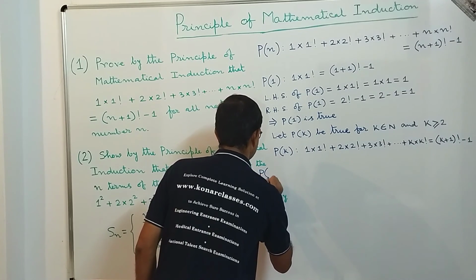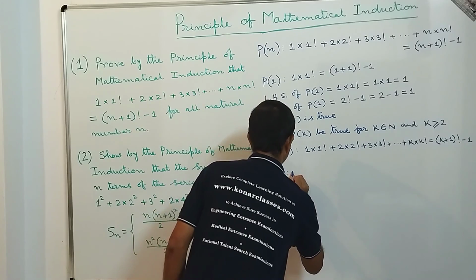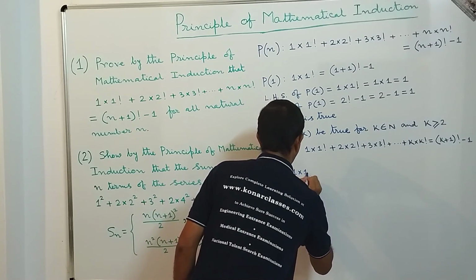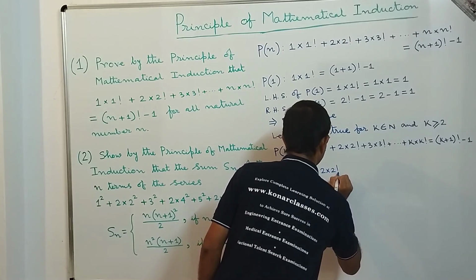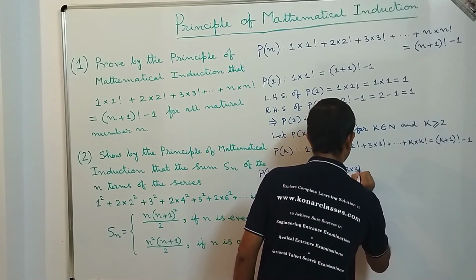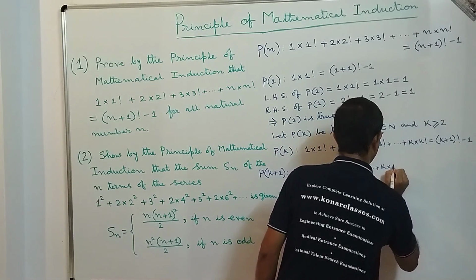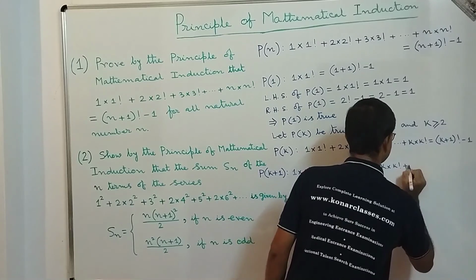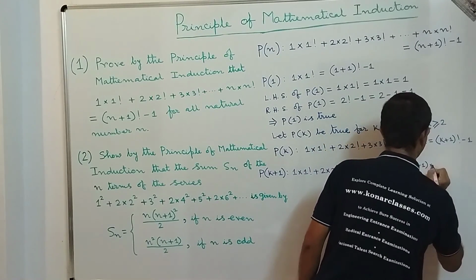Pk plus 1 stands for this mathematical statement: 1 into 1 factorial plus 2 into 2 factorial plus 3 into 3 factorial plus dot dot dot up to k into k factorial plus k plus 1 into k plus 1 factorial.